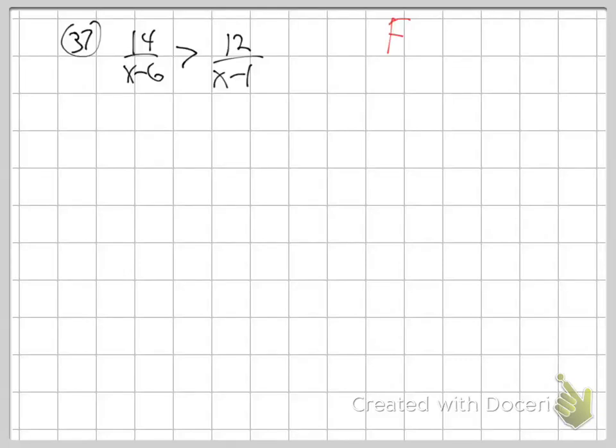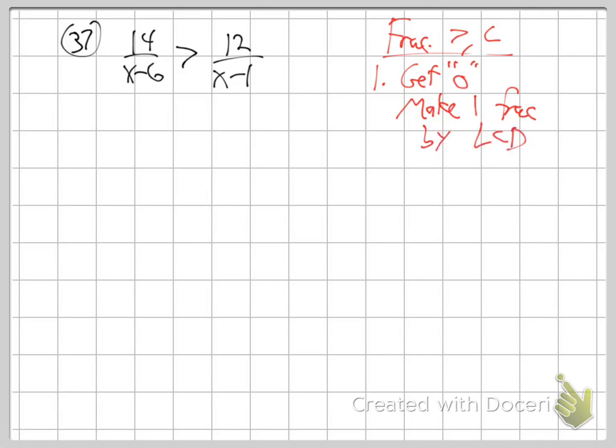So when you have fractions with greater than, less than, whatever, step 1, get a 0, and make it one fraction by LCD. So jump this over. So we get 14 over x minus 6 minus 12 over x minus 1 greater than 0. And now we have to make those two into one fraction by common denominator.